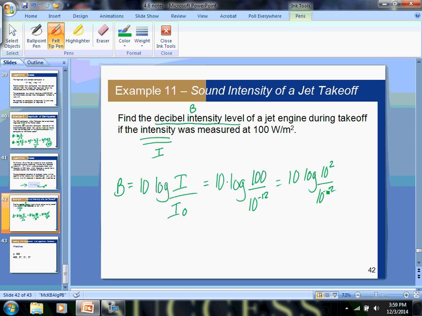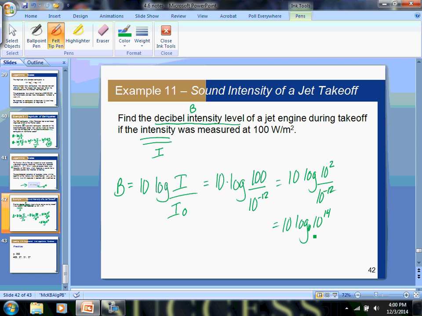Now I have two powers that I'm dividing. When the bases are the same, you subtract the exponents in order to divide the powers. So this is really 10 times the log of 10 to the, now it would be 2 minus a negative 12. So that's going to be 14. Minus a negative is plus a positive, so 2 plus 12 is 14. Now here, remember, this log, if they don't write in the base, it's just log base 10.